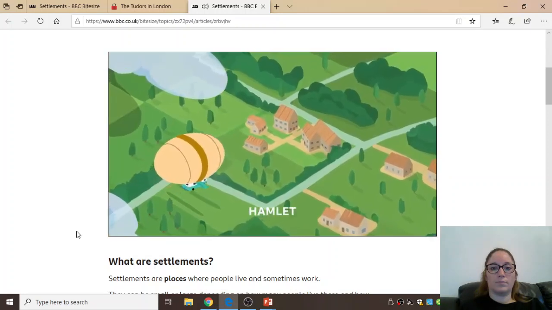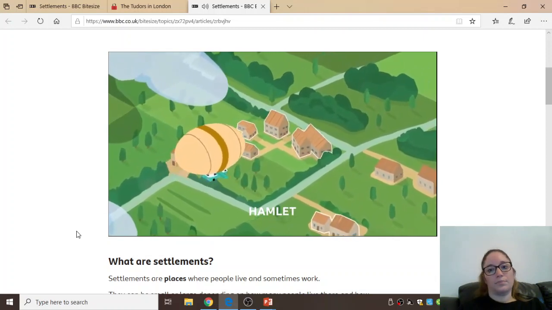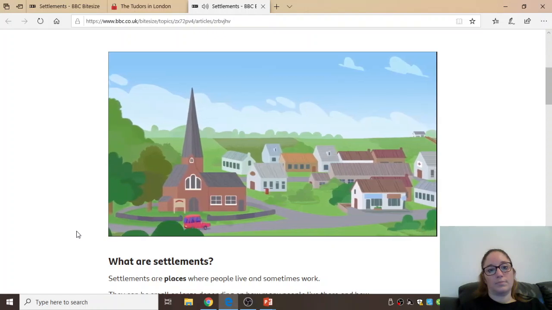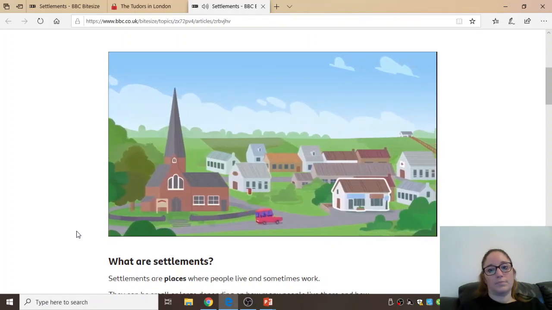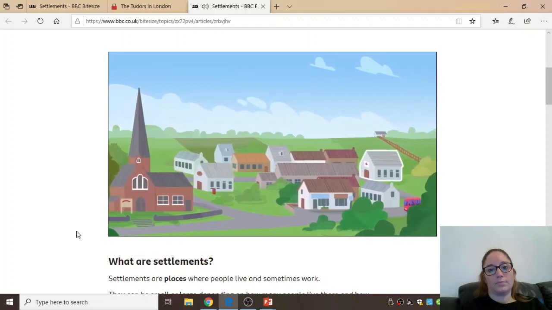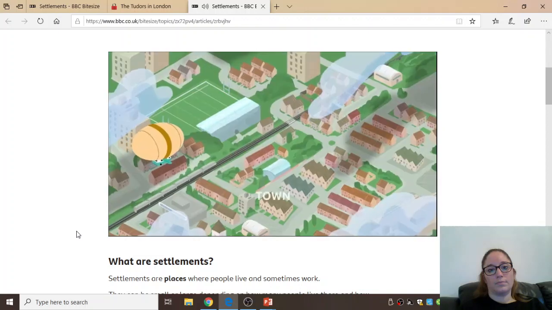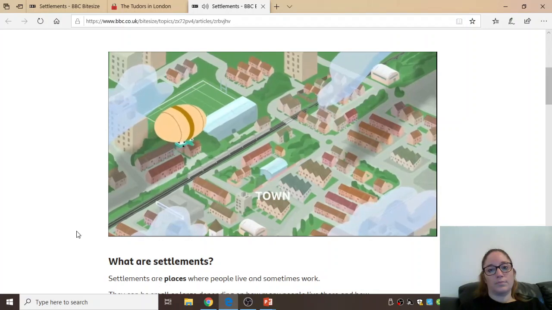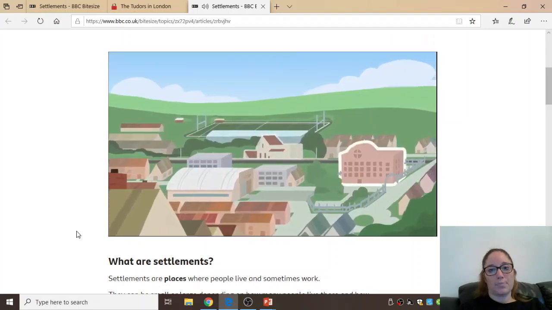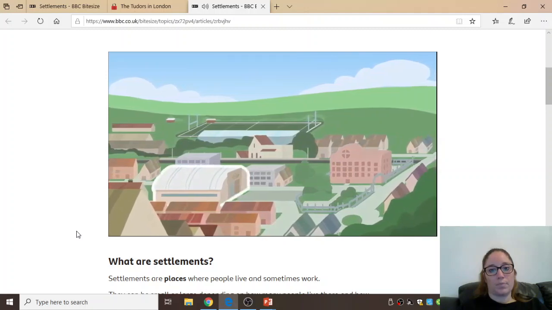This is a hamlet, which is a very small group of homes. And this is a village. There's a few shops, a post office, a village hall, as well as a primary school and a doctor's office. This is a town. There are more buildings, and there's a railway station, a secondary school, and a shopping centre.